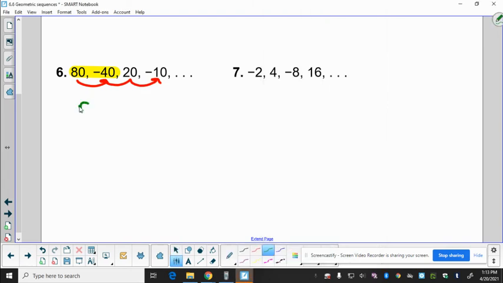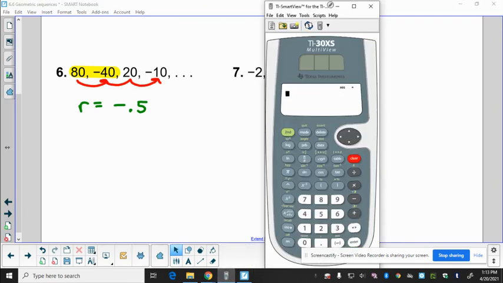So my common ratio is negative 0.5 or negative half. Can I get the next 3 numbers? I think I can. So I'm going to put my first number in, press equals. I'm going to multiply that by negative 0.5. Just verify I'm getting the answers. I am. So let's keep going. 3 more terms. 5, negative 2.5, and 1.25.